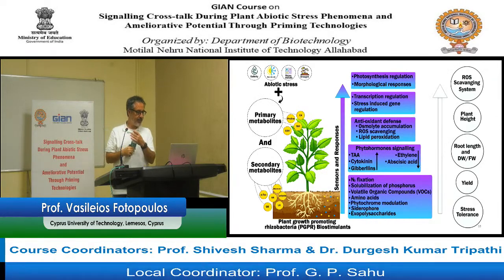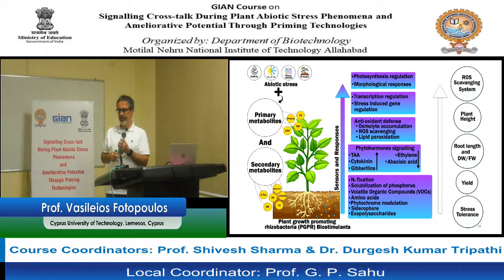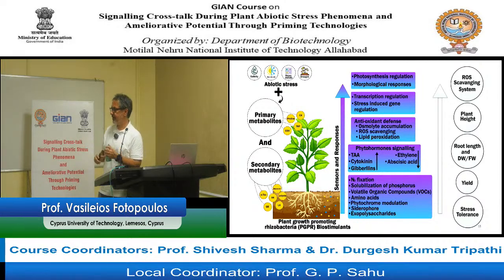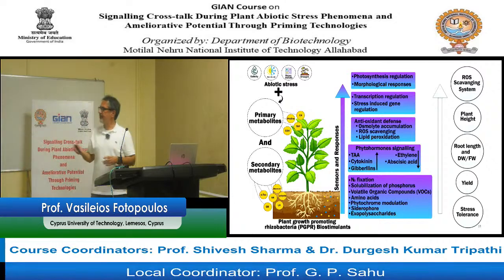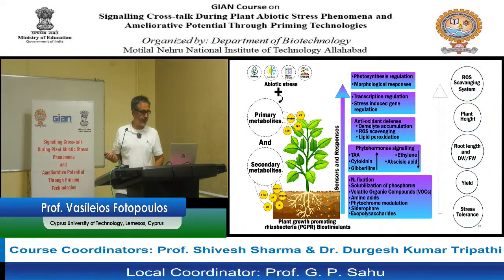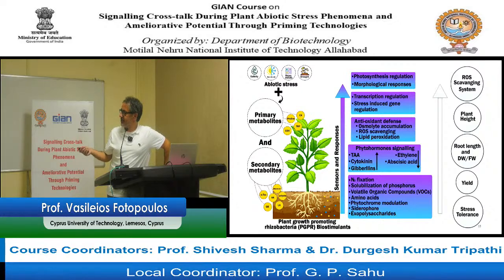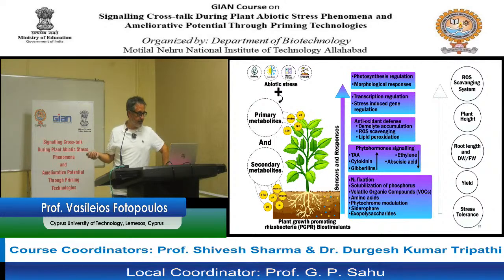So here again, this is taken from a review article that actually summarizes different concepts that were mentioned before. The plant is exposed to the stressors, so this will have a major effect on both primary as well as secondary metabolism.